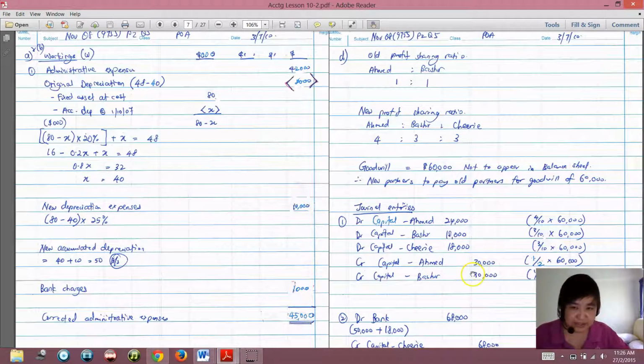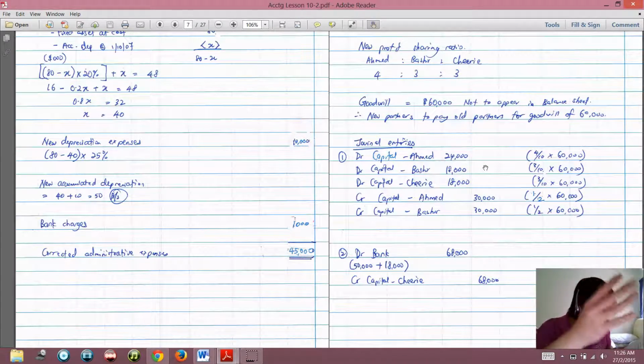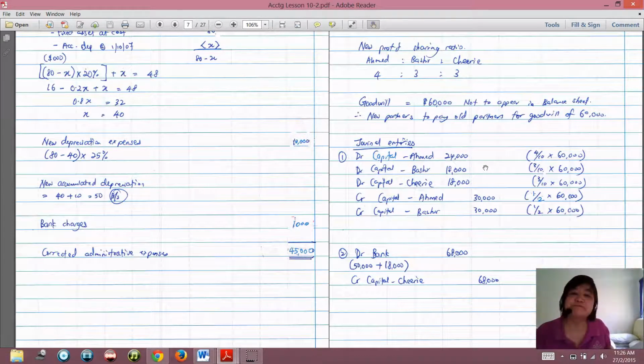Okay, there's another part of the question. Number 5 also says that Cherry will pay capital of 50,000 on 1 October 2008, plus enough to pay for her share of goodwill. That means Cherry will pay for her goodwill in cash, or by cheque.